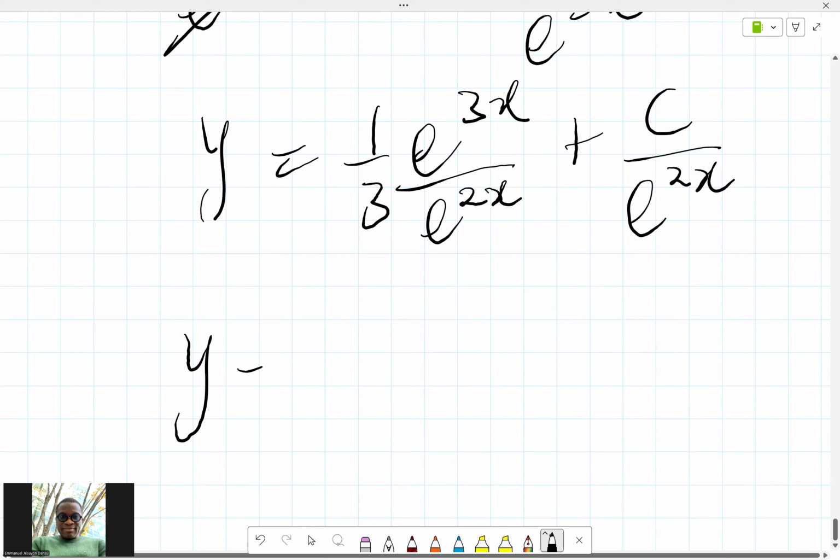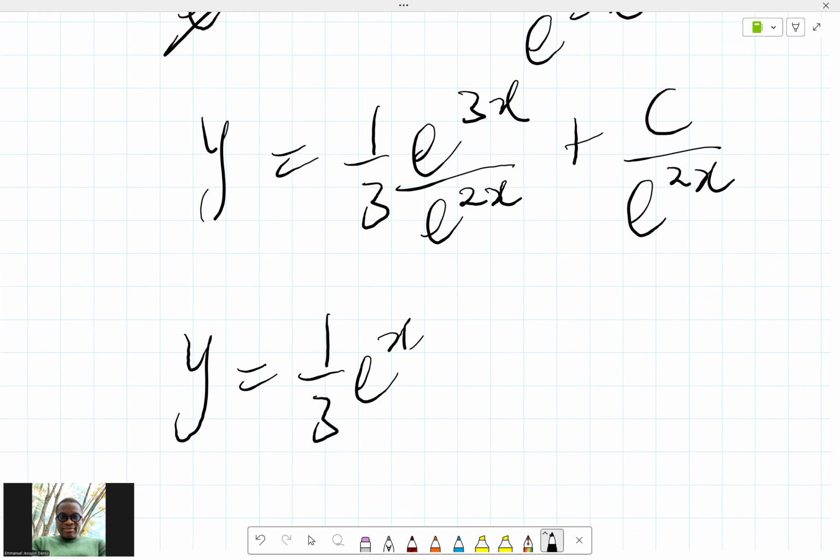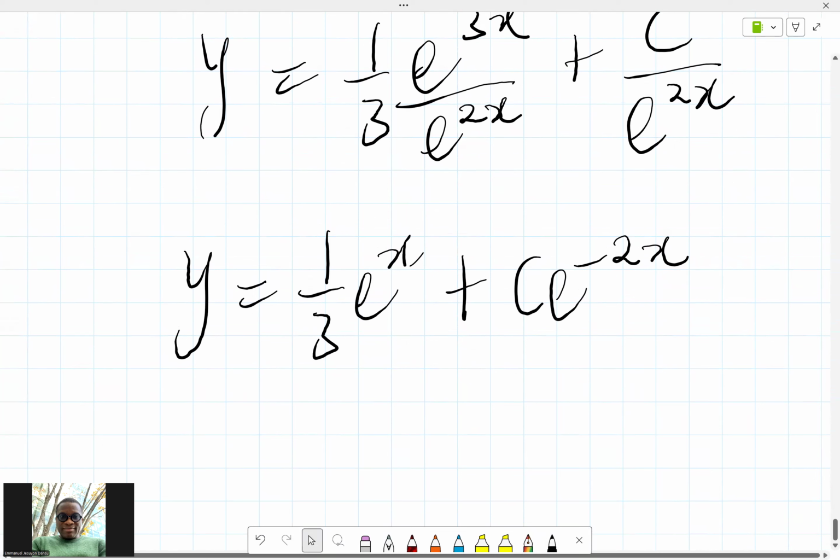So that means we have y equals 1/3 e^(3x minus 2x), that's e^x up there, plus c e^(-2x). And this is what we have.